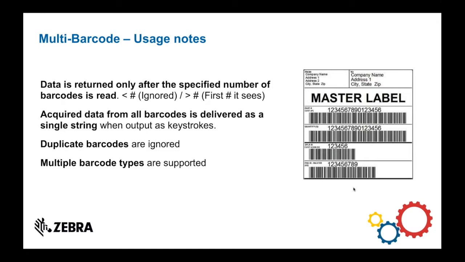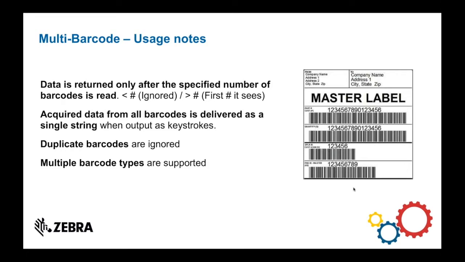Couple of usage notes if you plan on using this. There are a couple of cases where data won't actually be returned and will be ignored, right? In this case, the label has 4 barcodes shown. If I said I want to scan 5 and only 4 are shown, then it's going to be ignored, right? It didn't get 5, okay? So if you set 5, it needs to have 5.